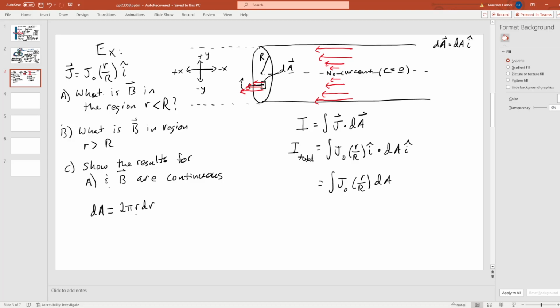So we know that that's the right element. And so we're going to integrate J naught R over R 2 pi r dr, and we're going to go over the entire area. So this is going to be from 0 to capital R. Okay. Now, some things are constant. J naught's constant and capital R is constant.